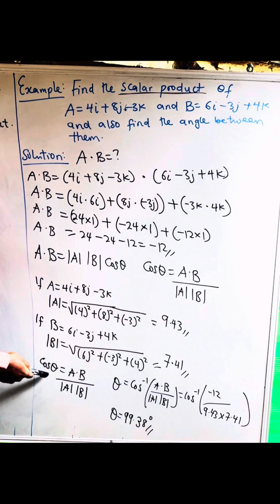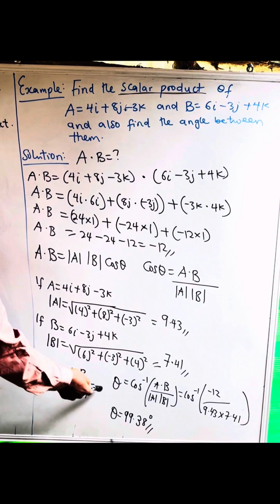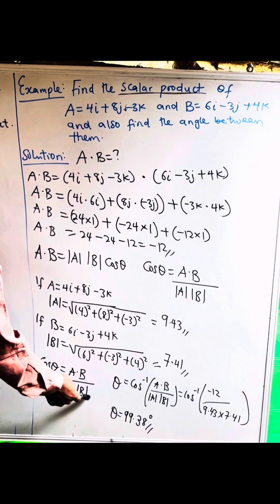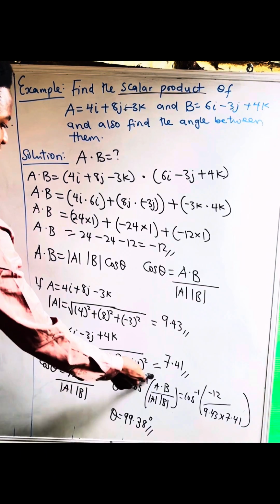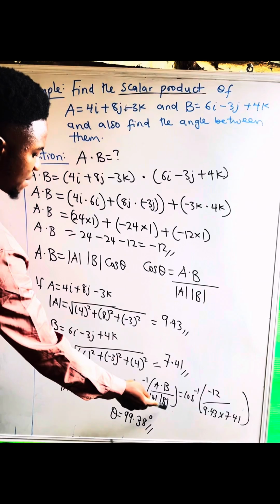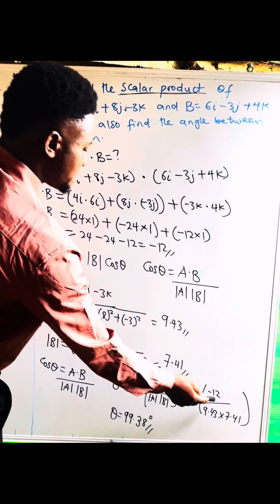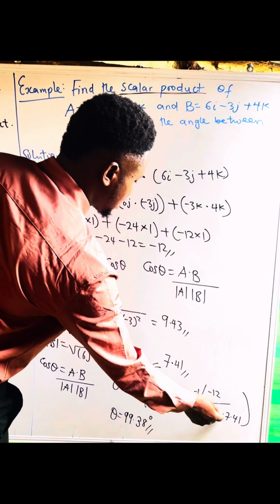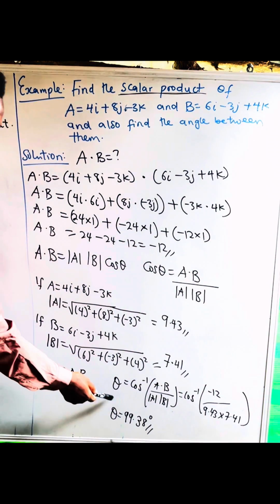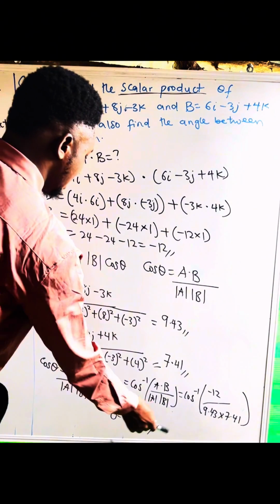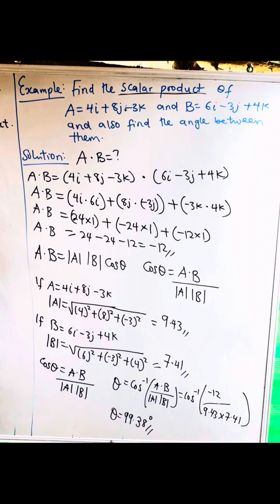Therefore, cos theta equals A dot B over magnitude of A, magnitude of B. Theta equals cos inverse of A dot B over magnitude of A, magnitude of B. That will be cos inverse of minus 12 over 9.43 times 7.41. Then the final answer for our theta will be 99.38 degrees. So thank you guys for watching. Then participate in this question.